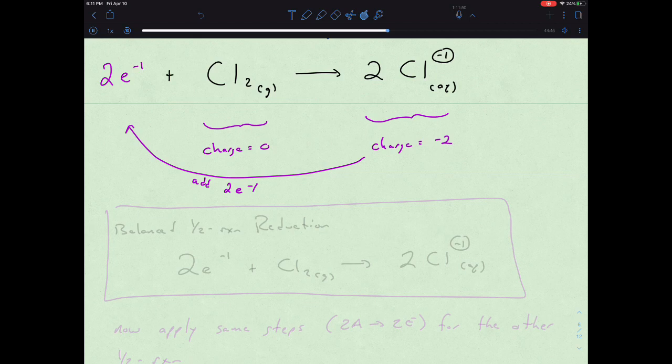And that is our balanced half reaction for the reduction. 2 electrons plus our chlorine gas produces 2 chlorides.